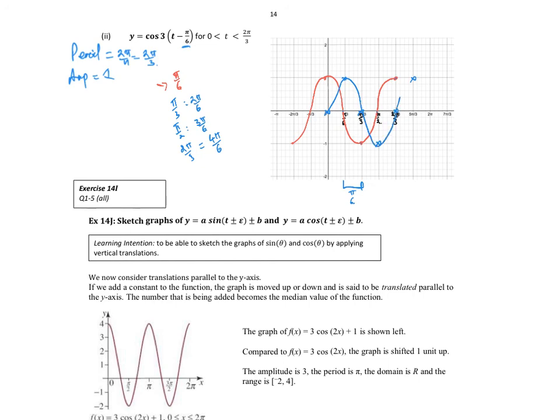Now I could sketch it through to there, but because our domain is just 0 to 2 pi on 3, we don't need that section, and I don't need that section. And again, if we're just sliding left and right, we can see what the values of my intercepts are without necessarily doing any calculations. All right. Get to it.